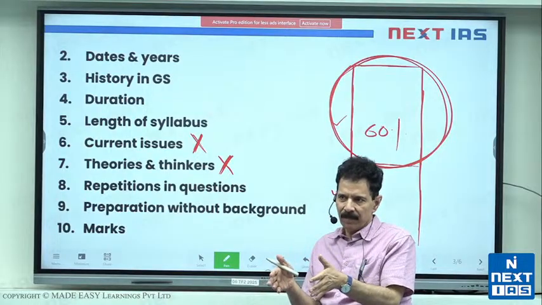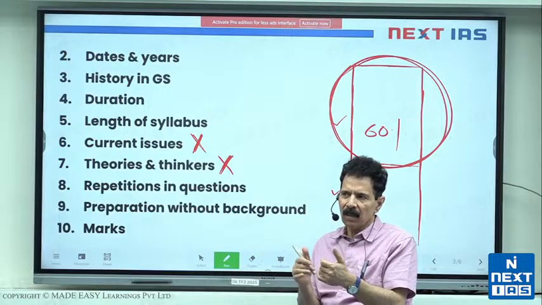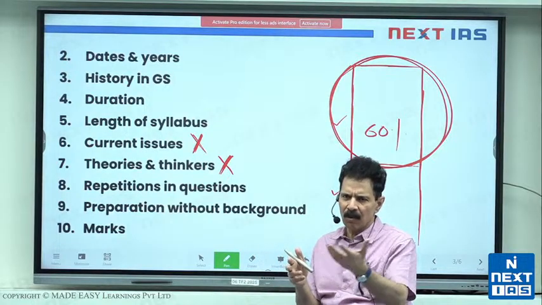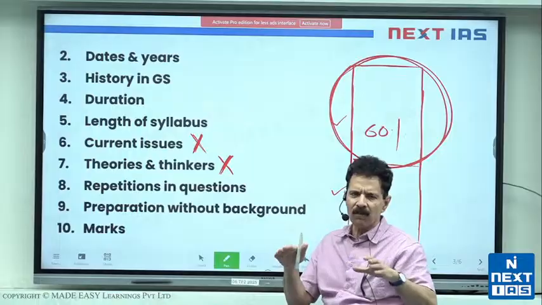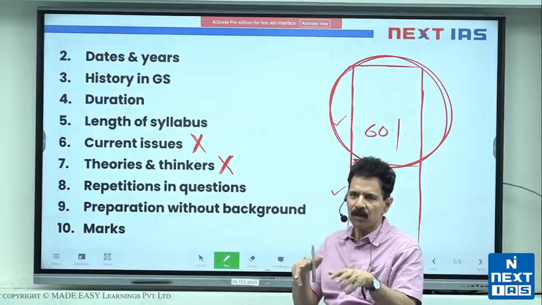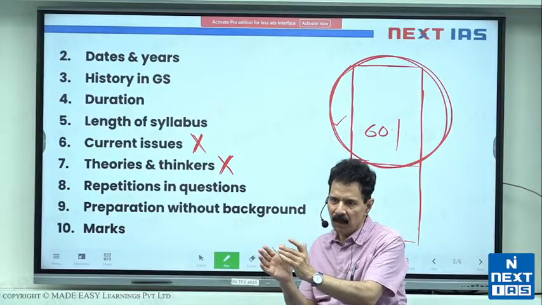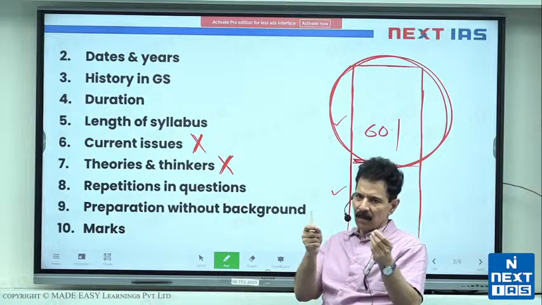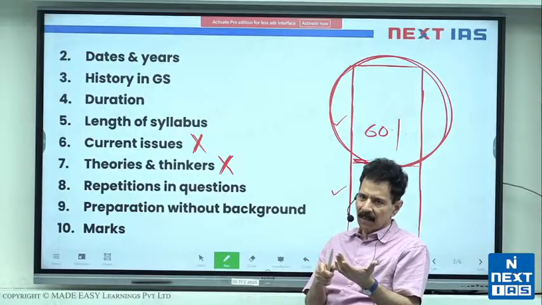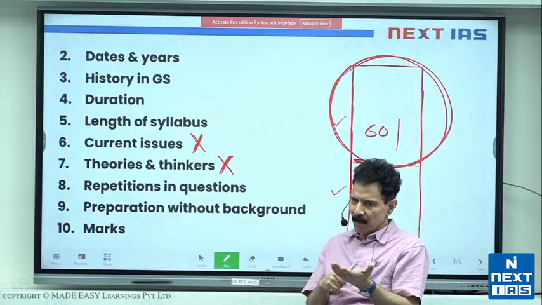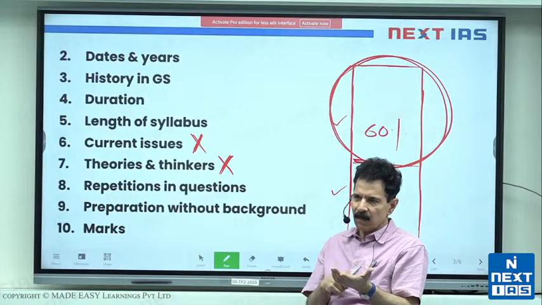This time, one of my students, not history optional, but in GS, I have a program where I conduct classes for overall guidance for GS and ASA, overall preparation for those who are economically weaker and have appeared at interview once. One guy belonging to that program has 78th rank this time, and he has anthropology optional. He has got 293 or 94 in anthropology, and this is the highest marks in anthropology this time.